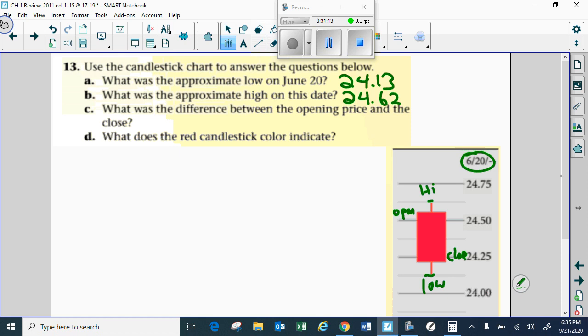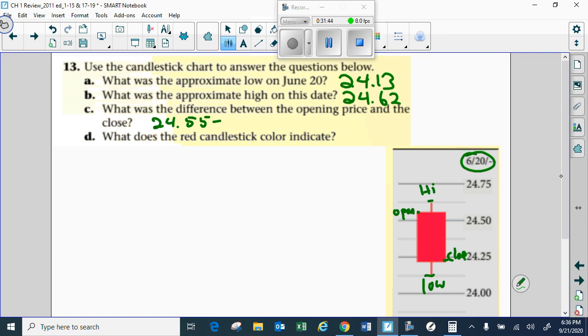What's the difference between the opening price and the close? So we take these two and subtract. So the opening was about 24. Okay, that would have been 62. So it's about 24.55 minus 24, say.